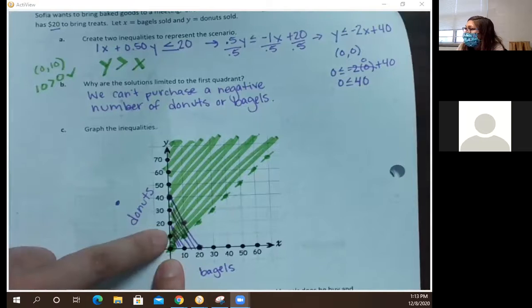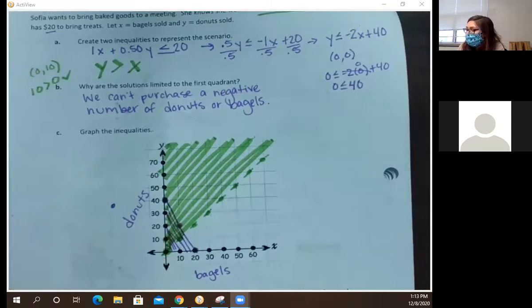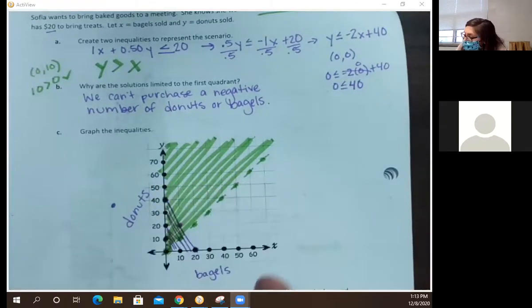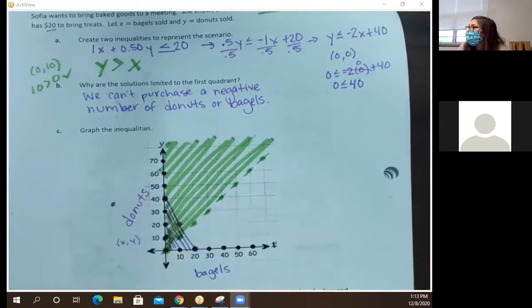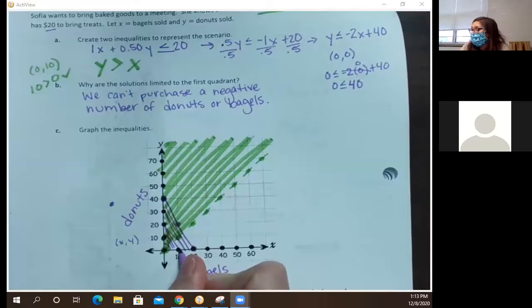Oh, you could check the point 10, 0. It's not going to work, which will tell you to shade the other side. Does that make sense? Okay.